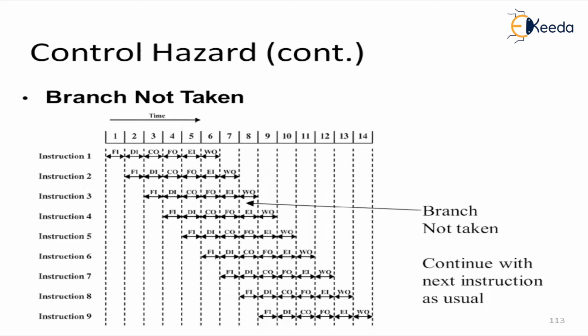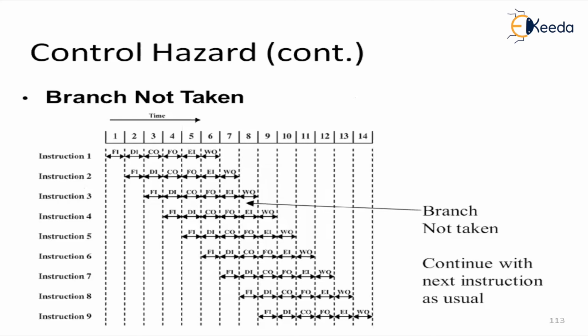Now let us consider this example in this figure. The instruction starting point is from instruction 1, it goes up to instruction 9 and the time is from 1 to 14. Here in this particular example, branch is not being considered.